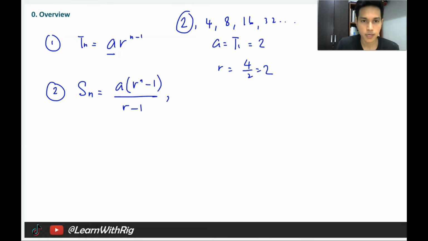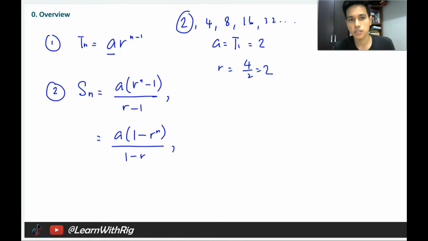The second formula is almost similar, but the difference is this: A times 1 minus R to the power n, over 1 minus R. In what situation do you use the first one, and in what situation the second? The first one, you only use when the modulus of R is more than 1. The second one is when the modulus of R is less than 1.